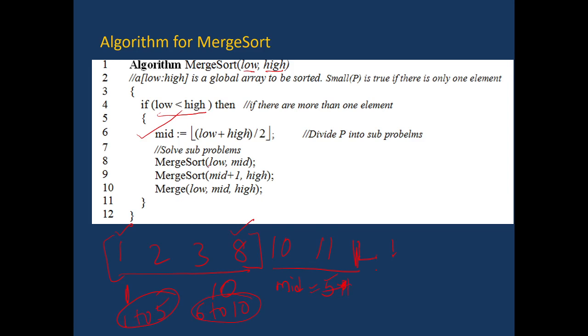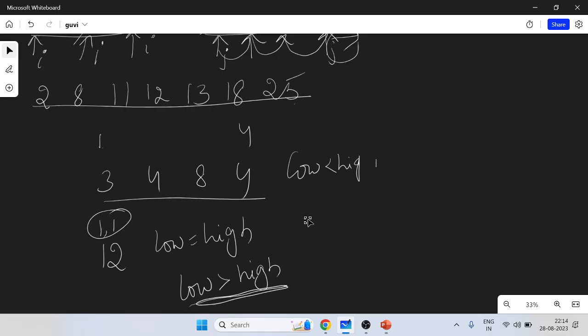So sort the first half, that is low comma mid. Next sort the second half, that is mid plus 1 comma high. After sorting both sublists, we ask the merge algorithm to combine the answers. So how do we have to call the merge algorithm?